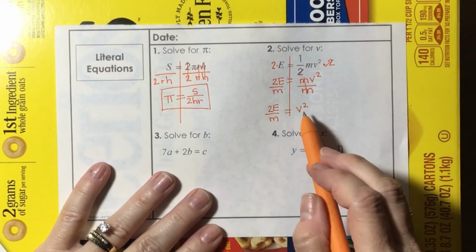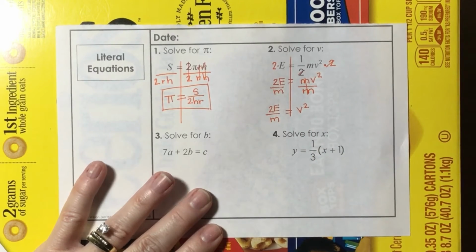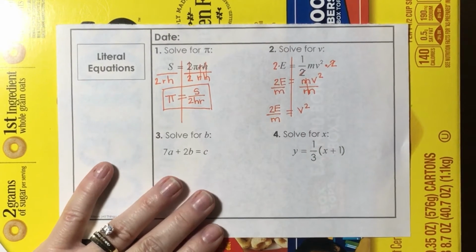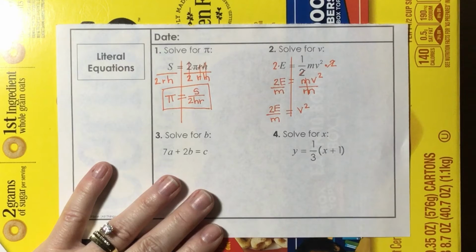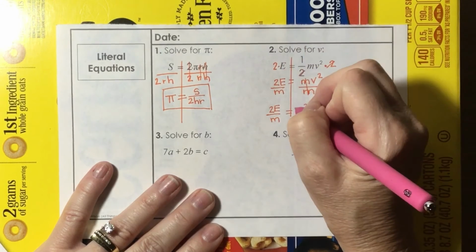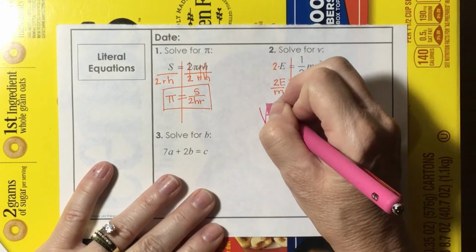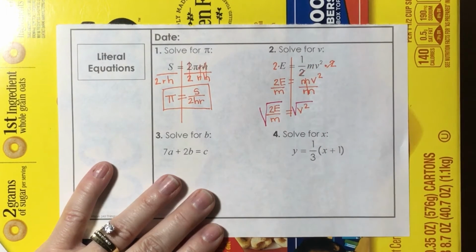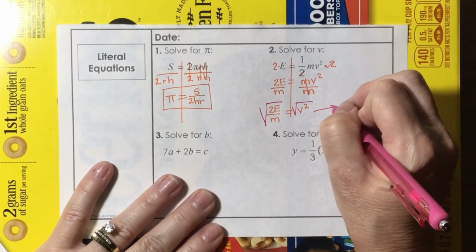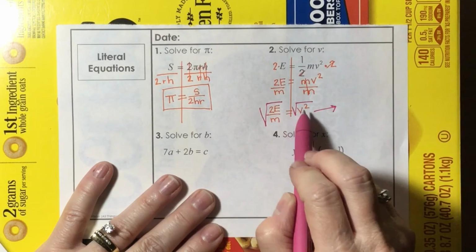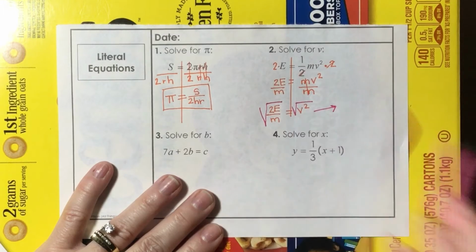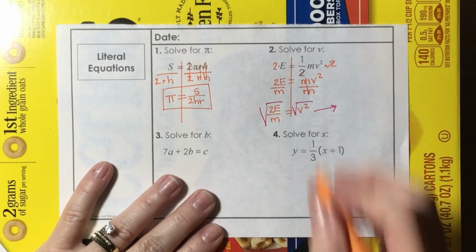Okay, well, how do you get rid of a power? You put it under a radical sign. In this case, we're going to take the square root. So I'm going to take the square root of this, which means I need to take a square root of everything on this side. Now remember, taking a square root, there's an implied 2 here. So I have 2 v's, don't I? That means you can pull them out as 1 v.